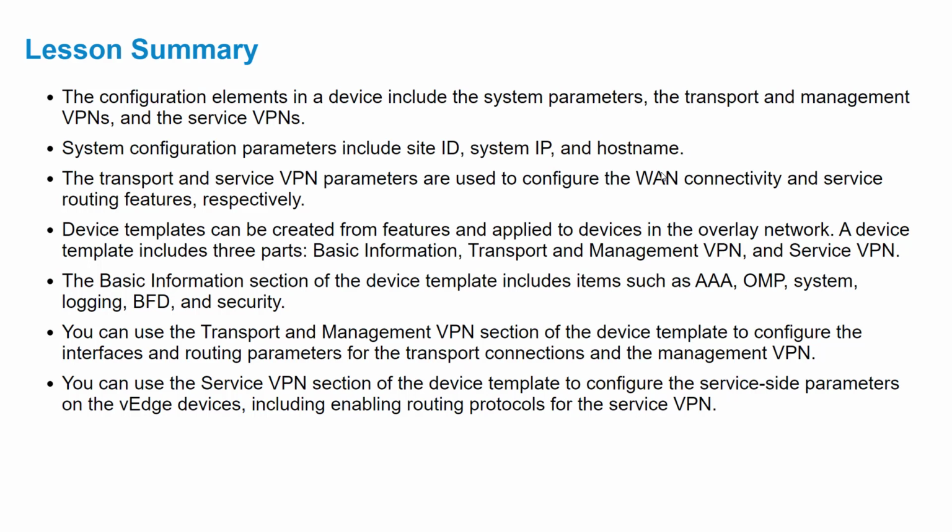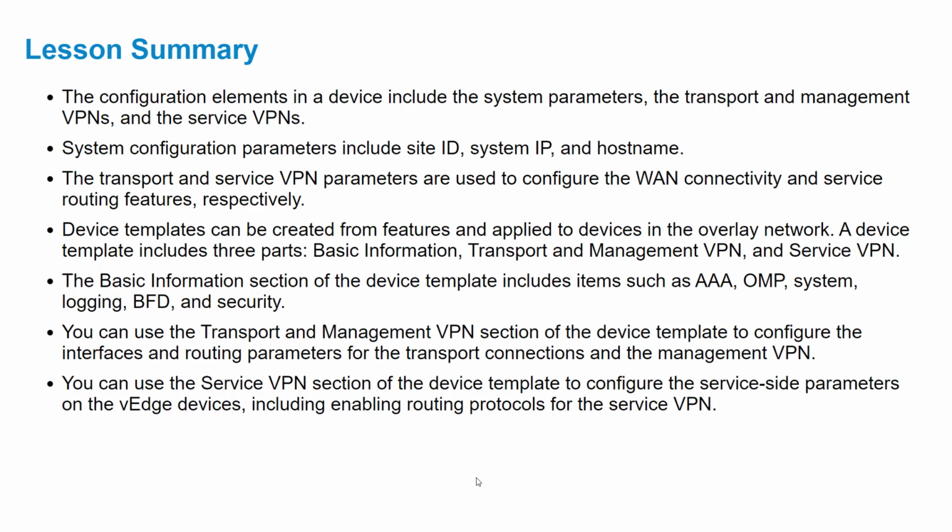We also talked about applying different device templates to include things like AAA feature templates, OMP, system logging, BFD, security, how we can use the transport and management VPN section of the device to configure interfaces and routing parameters so that we have our transport connections. And we can also apply those properties to our management VPN as well.